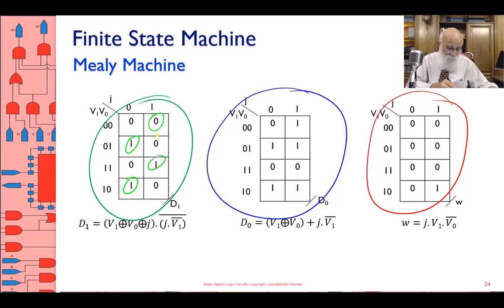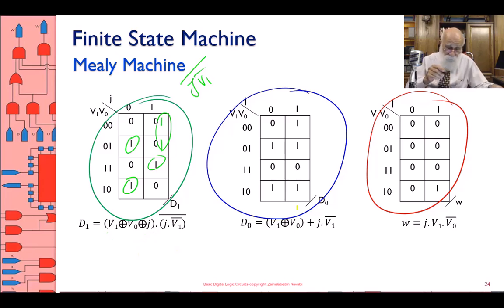But since I don't have that, if I had a 1 here, it would be the XOR of all this. So I go ahead and do the XOR of all the 3 inputs anyway, and then AND it with the complement of this map here. This map is J V1 bar. Complement of it is this. ANDing with this means that the extra one that I get with the XOR is zeroed out, and therefore I come up with D1. Okay? So that's for the D1.